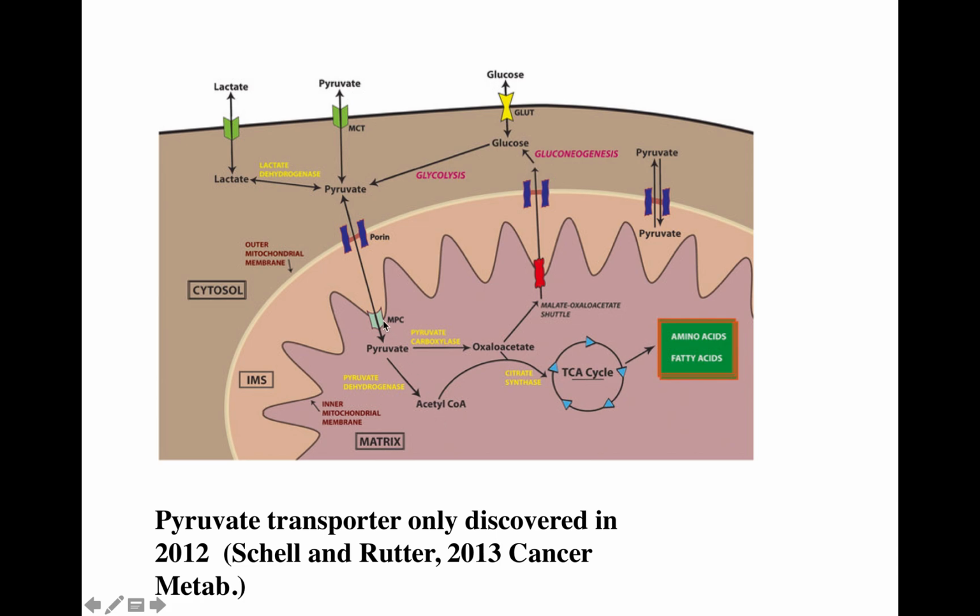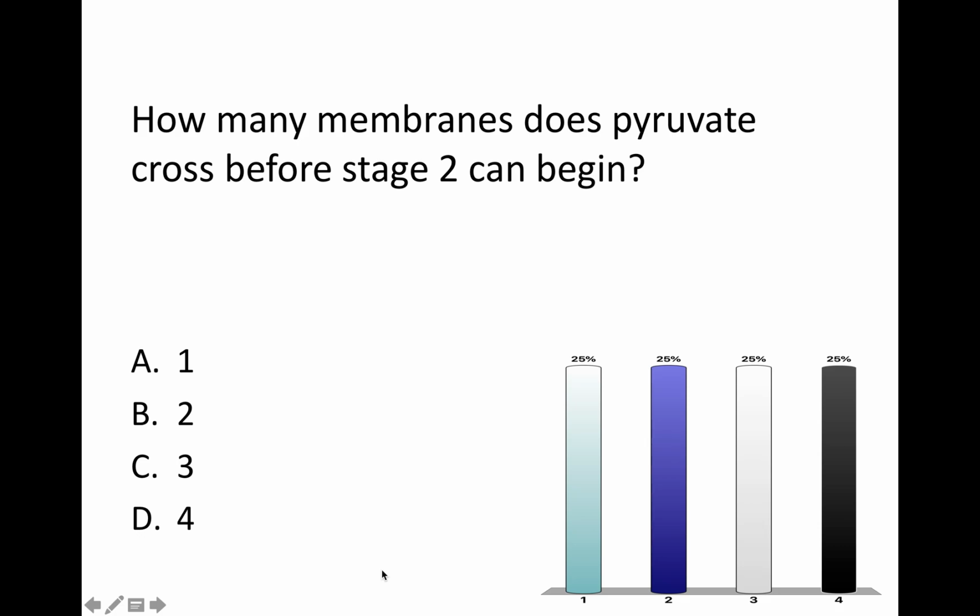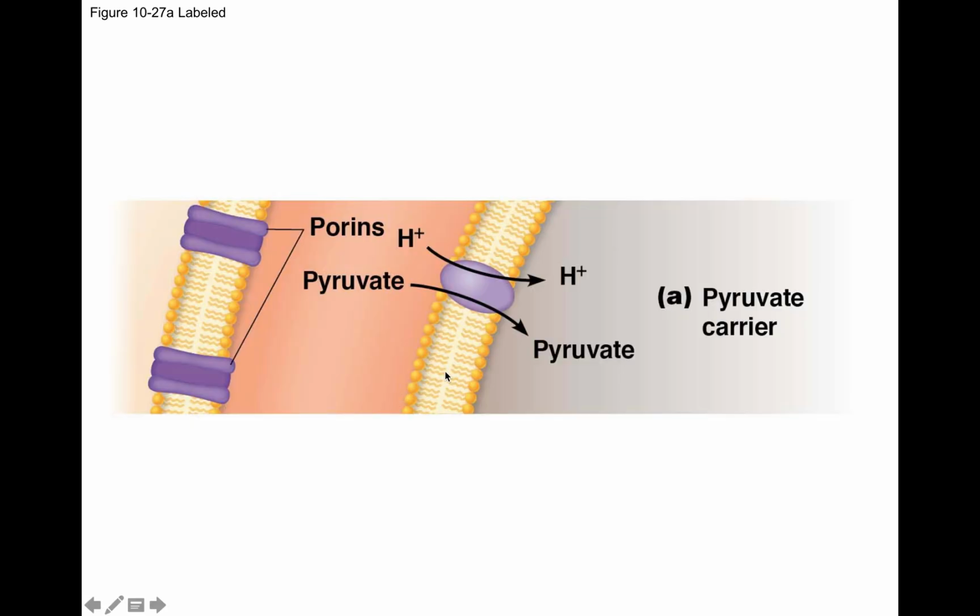Even though we knew that pyruvate dehydrogenase was in the matrix, we didn't have a mechanism for how pyruvate got there until relatively recently, 2012. Okay, here's an H5P question for you. And here's an indication in your book that they recognize the pyruvate carrier discovered in 2012.